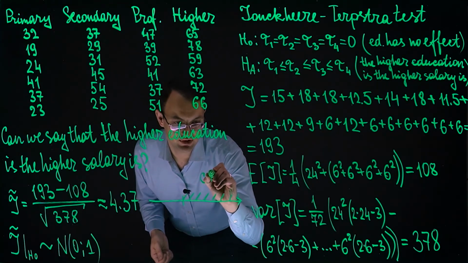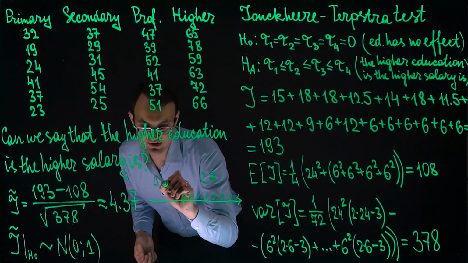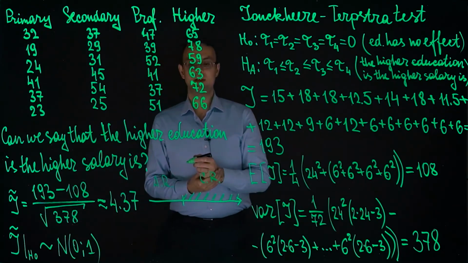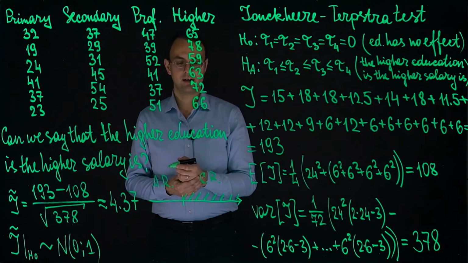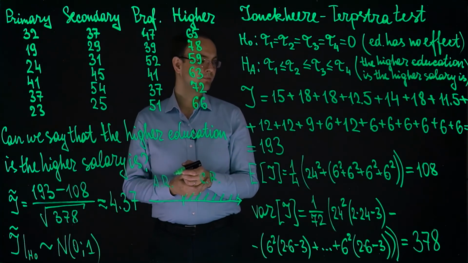So this is the critical region, this is the acceptance region, and we need the 0.95 quantile of the standard normal distribution.